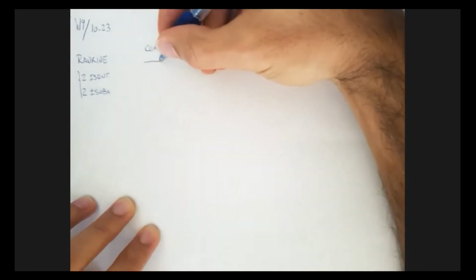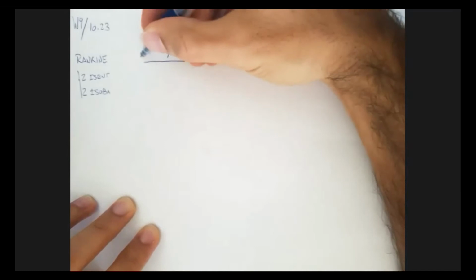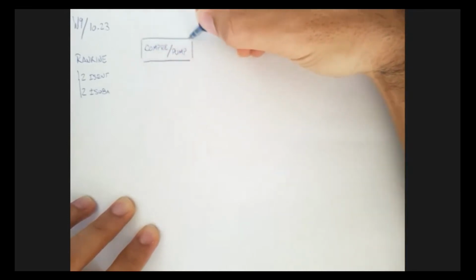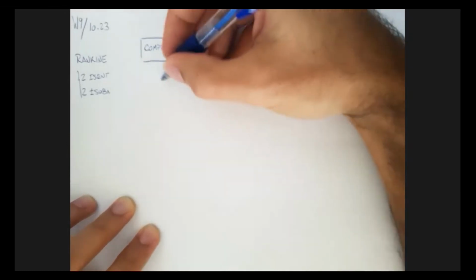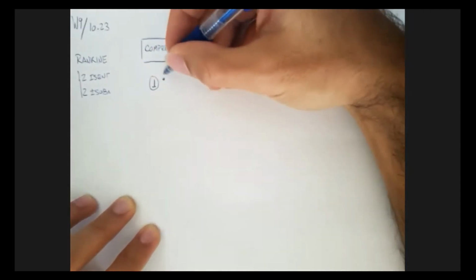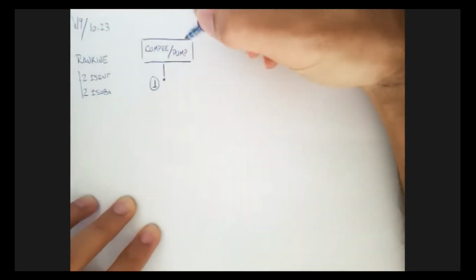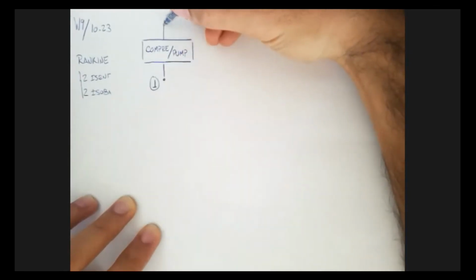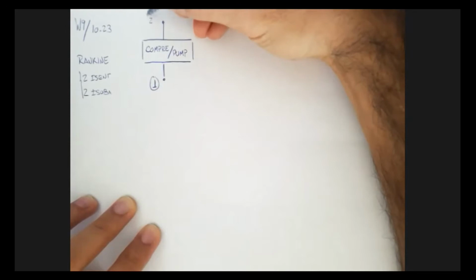They are not quite the same thing, but for the purpose of our course, you can think of them as the same thing. So we're going to have liquid water in our first state, and we're going to put that liquid water through a compressor or a pump, okay? And then we're going to have compressed water over here in our second state.